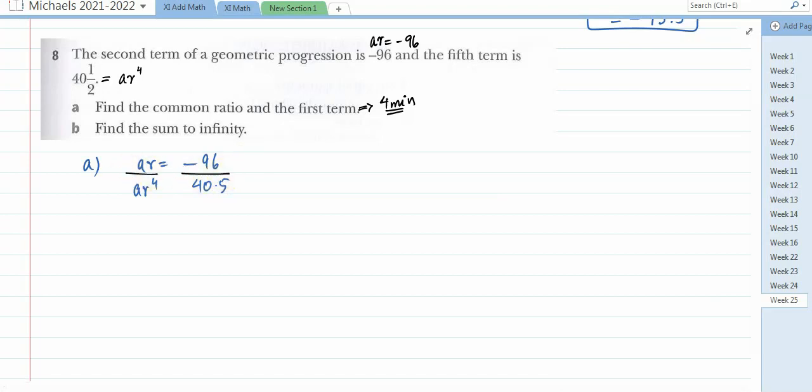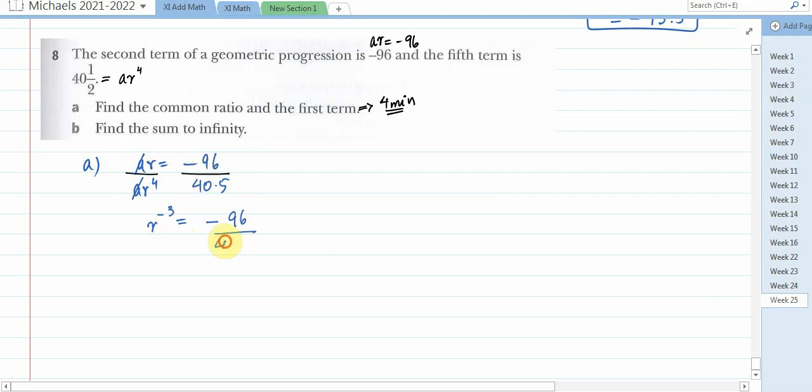Once you get the division, that will be r to the power minus 3 equals minus 96 divided by 40.5. I need to make r positive, so I need to take the reciprocal. So r cubed is equal to negative 40.5 divided by 96.